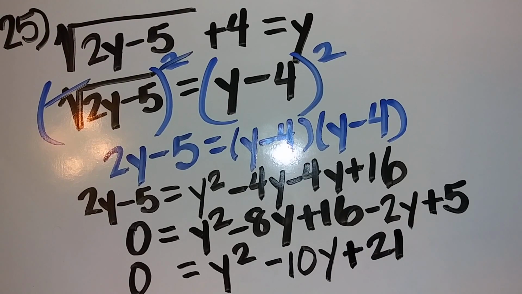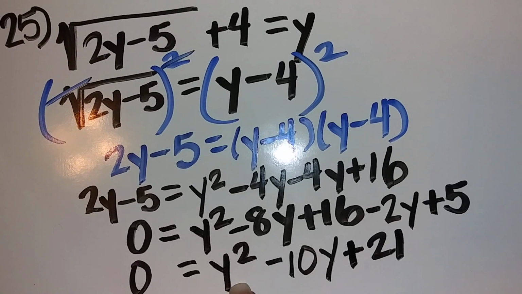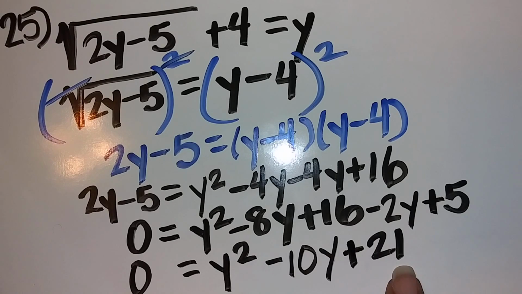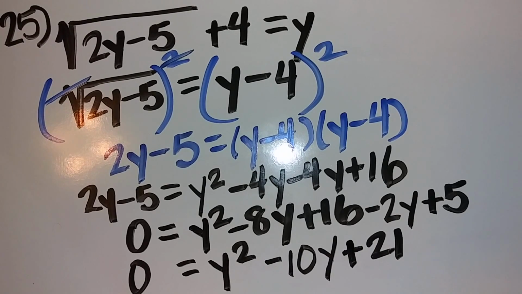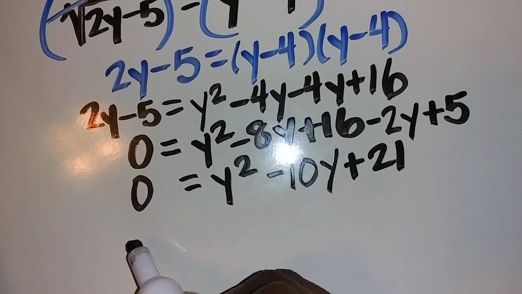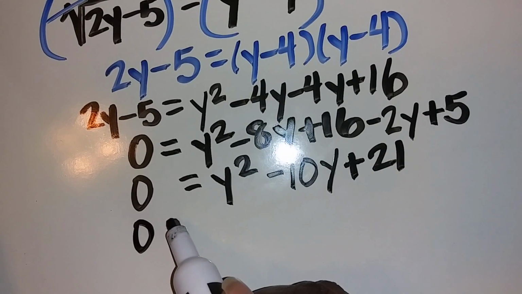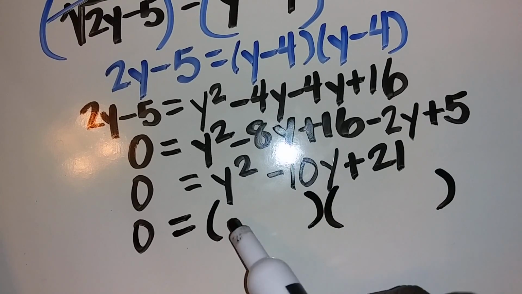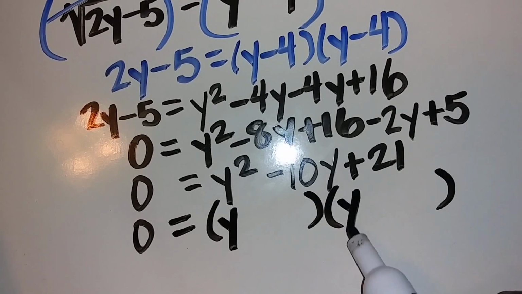Okay, so now I see a trinomial. So when I see a trinomial, I know that I can factor. So let's factor. Very, very important that you know how to factor. We have 0 equals, and I'm going to factor. I know y squared is y times y.